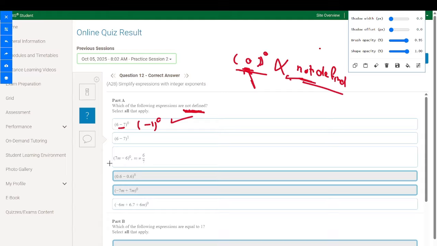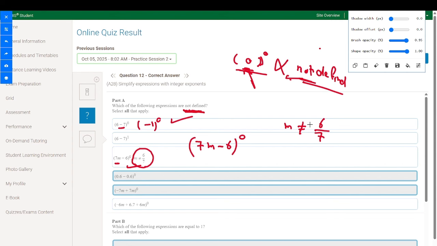Let's see this one. 7m minus 6 power of 0. And here he is saying a very important condition, that m is not equal to 6 over 7.